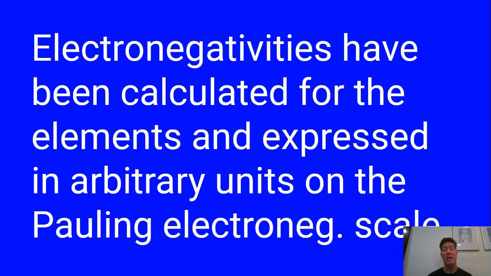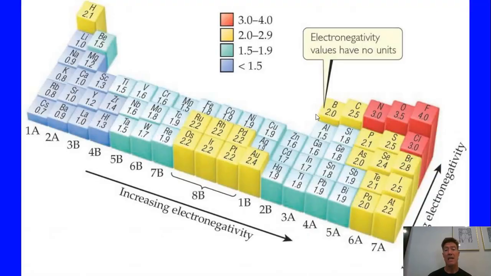So we've calculated electronegativities for the elements, and we express them in arbitrary units called the Pauling scale, the Pauling electronegativity scale. In this scale, they have no units, it's just relative. What they've done is they've set the most electronegative element, fluorine, at 4, and then everything else is set relative to that.